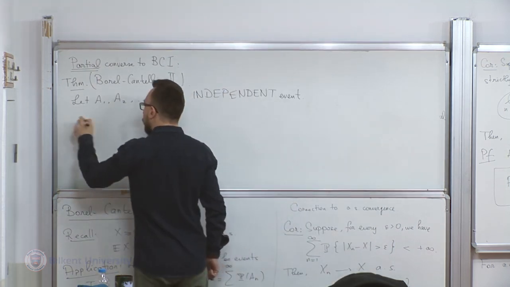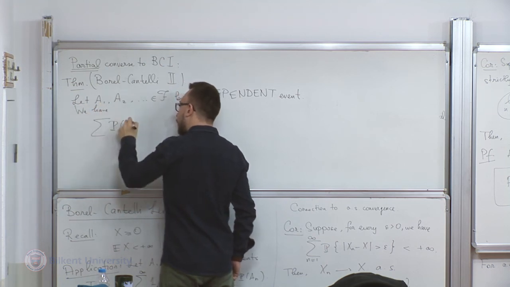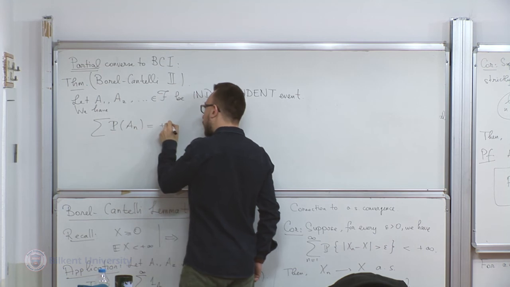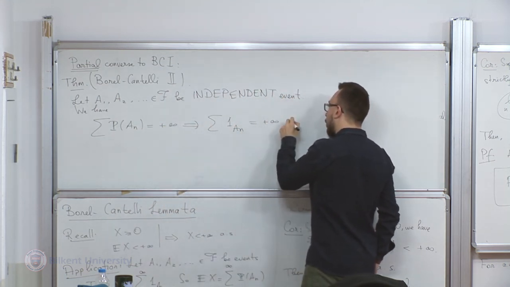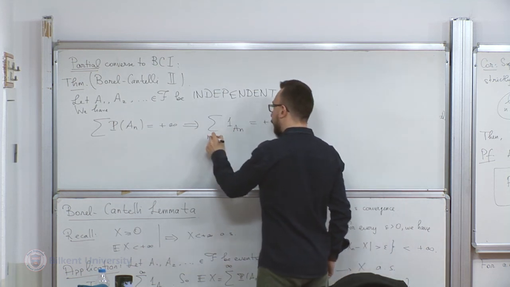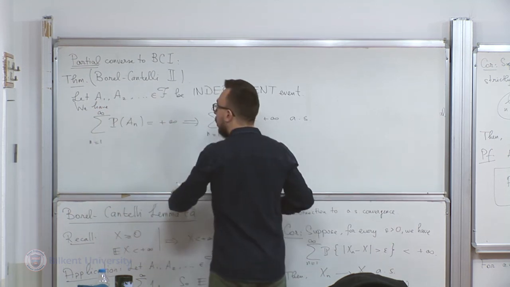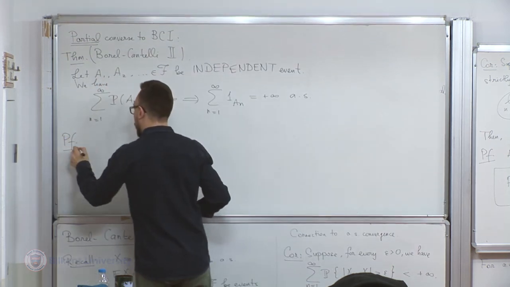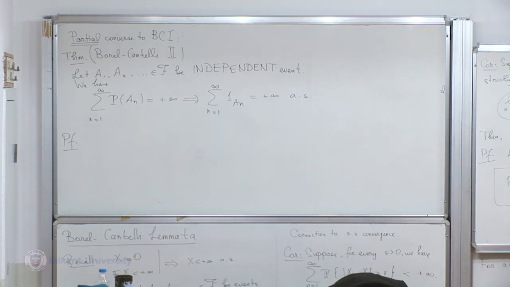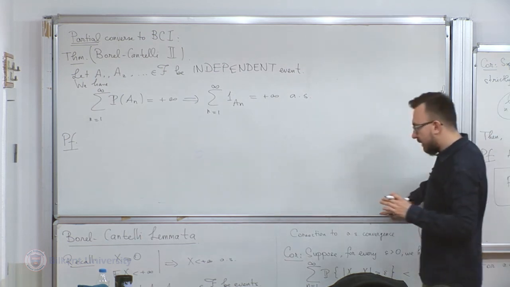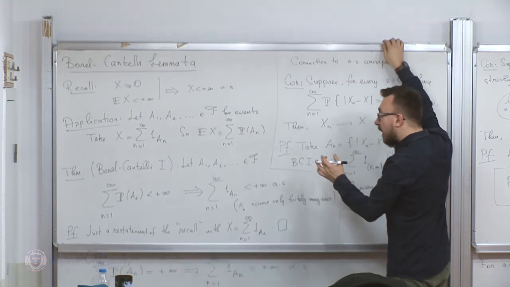So now we have this. If sum of probabilities is infinite, then sum of indicators is infinite, almost surely. So it is really the opposite of what was written in Borel-Cantelli number 1. This was finite almost surely.